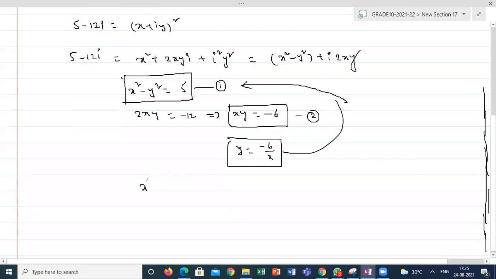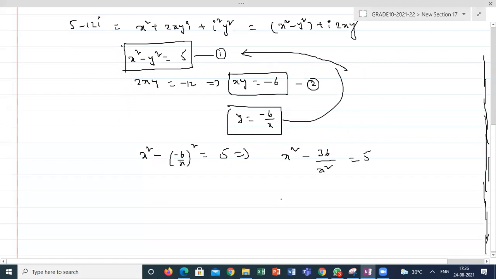What you will get? x square minus 6 by x whole square is equal to 5. This will give x square minus 36 by x square is equal to 5. Are you clear what I'm saying? x square minus 36. If I'm taking LCM, x power 4 by x square is equal to 5. This will be x power 4 minus 5x square minus 36 is equal to 0. So how are we going to solve this equation?